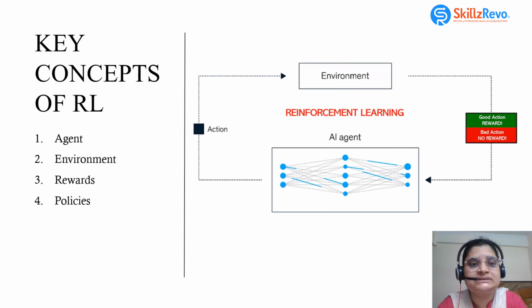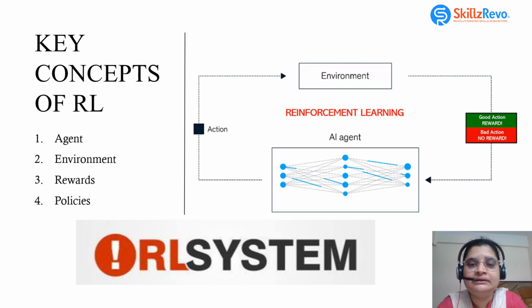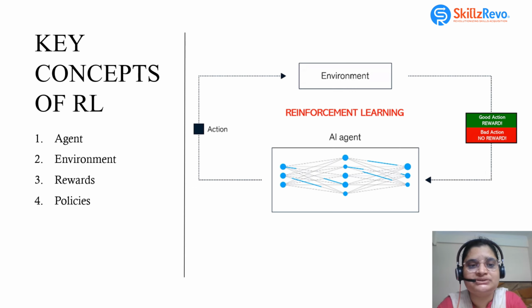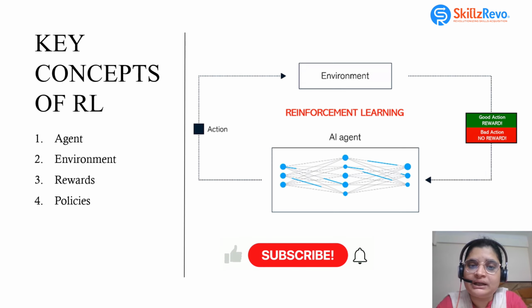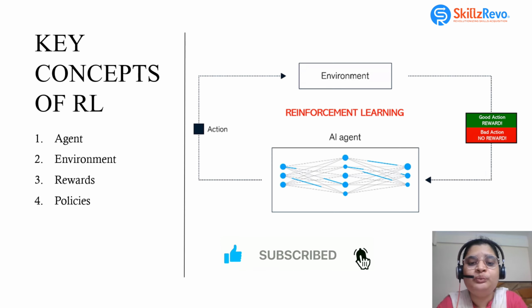Understanding these components is crucial for building effective RL systems that can learn to make complex decisions through interaction and adaptation. By carefully designing the agent, defining the environment, setting up appropriate rewards, and selecting or learning an optimal policy, we can create RL models capable of solving challenging problems in dynamic and uncertain settings. Let's learn about each of these components one by one.